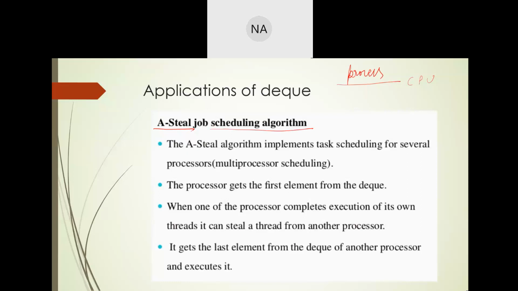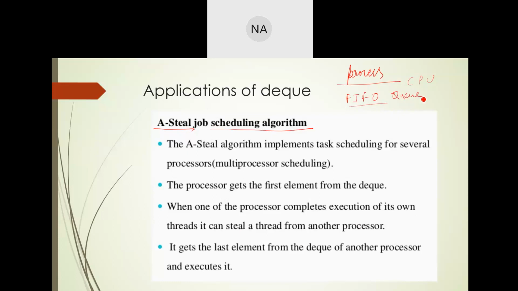There are several scheduling algorithms. The simplest one is the FIFO scheduling algorithm, first in, first out. That is, the process which is submitted first is executed first. Obviously you know that FIFO means queue data structure.